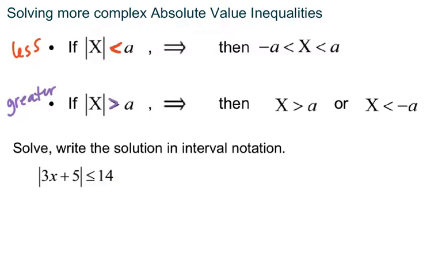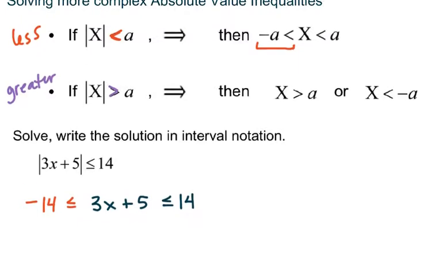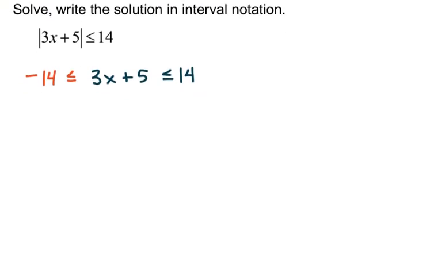And per our rule, I'm going to drop the bars and add negative 14 less than or equal to on the right. And then we'll say 3x plus 5 is less than or equal to 14. So that's our setup. Now we need to solve this inequality.